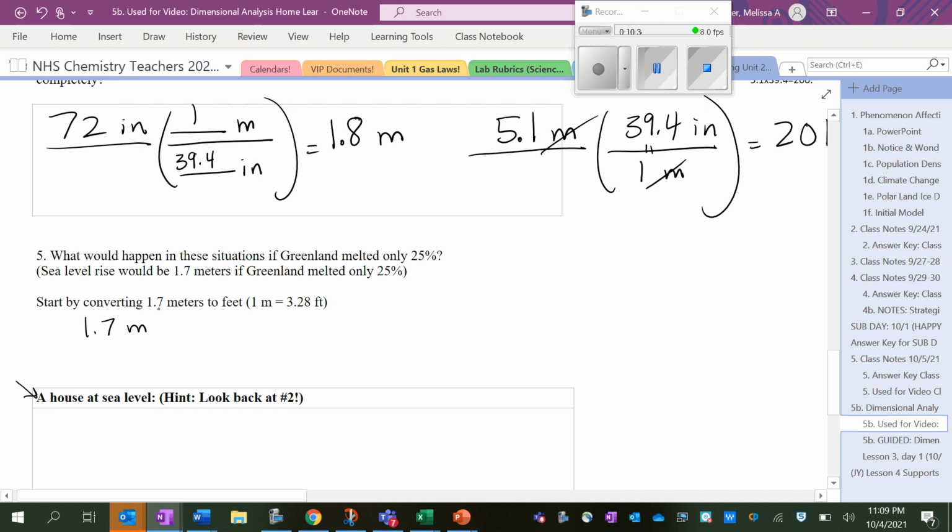That's if Greenland melted only 25%. And let's convert that to feet. 1 meter is equal to 3.28 feet. Okay. So 1.7 times 3.28. That's 5.6 feet.